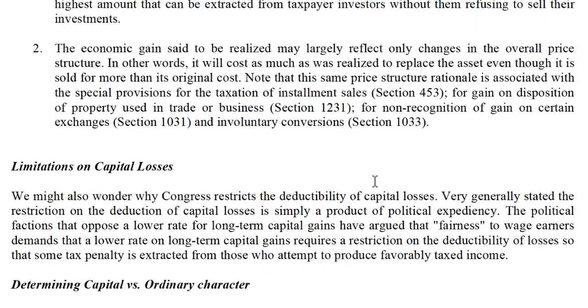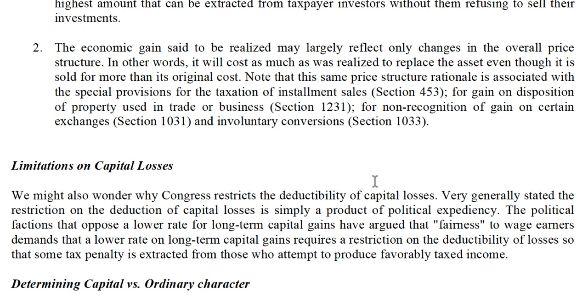Capital losses can offset capital gains. First, a long-term capital loss offsets long-term capital gain. Then, a long-term capital loss can offset short-term capital gain. And then finally, up to $3,000 of ordinary income. The same is true for short-term capital losses: they offset short-term capital gains first, then long-term capital gains, then $3,000.